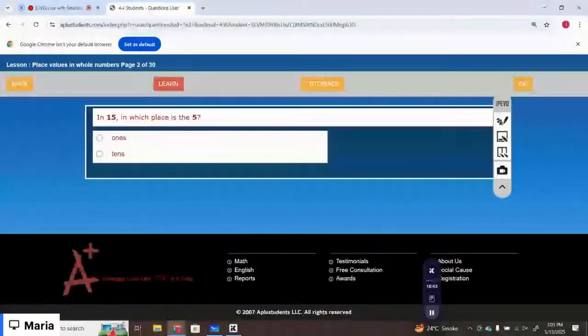1015. In which place is the 5? So which is the correct option? Five is at the ones place.